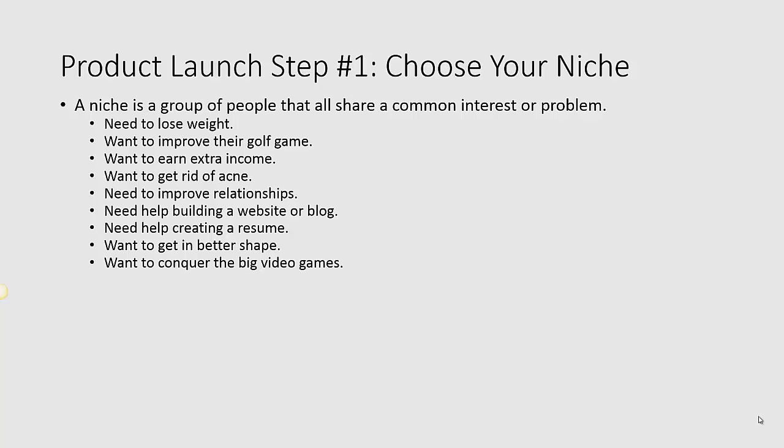They want to conquer the big video games. Believe it or not, there are a lot of information products where people actually sell tutorials. World of Warcraft has a lot of those. Actually, John Madden football games have had some products in the past that sold very, very well too. People are out there looking for solutions to problems.